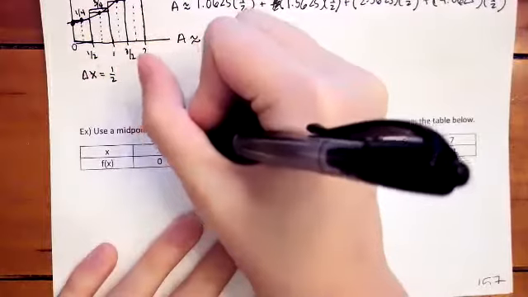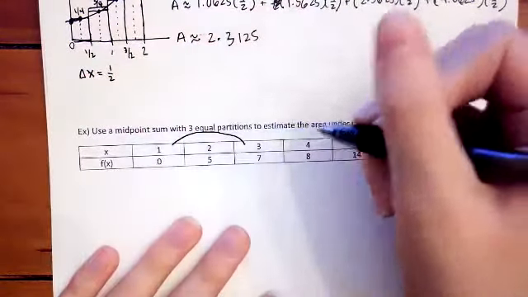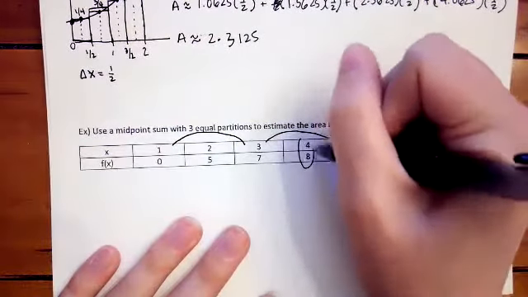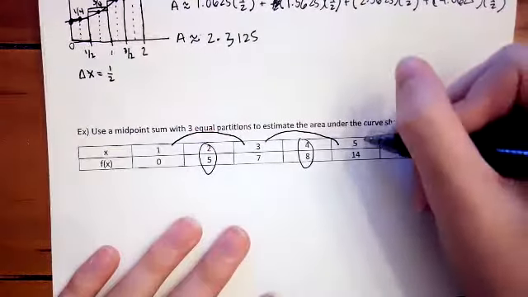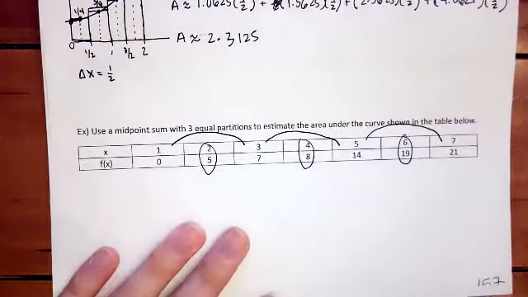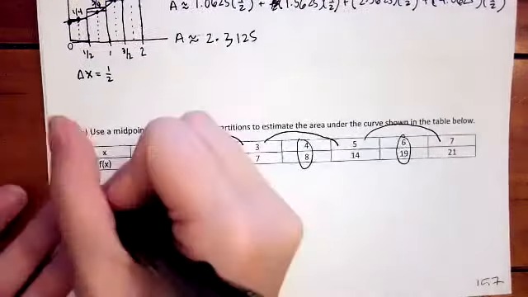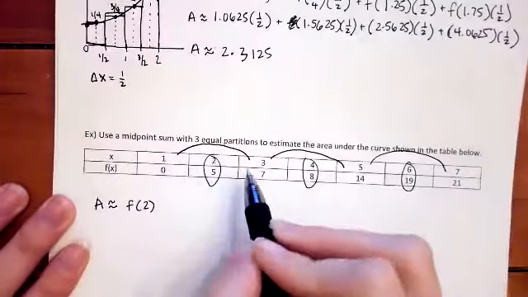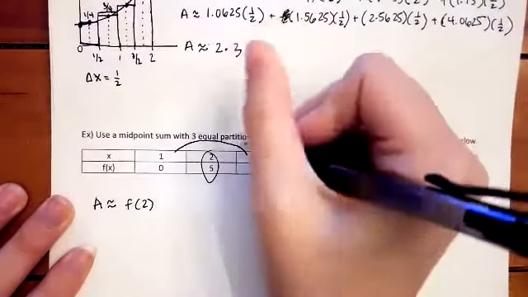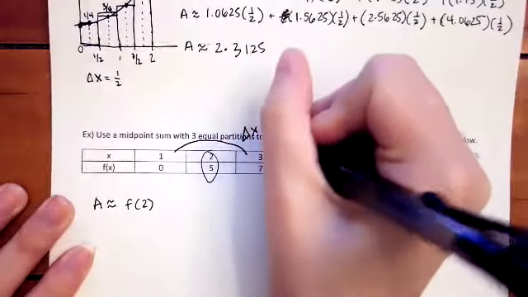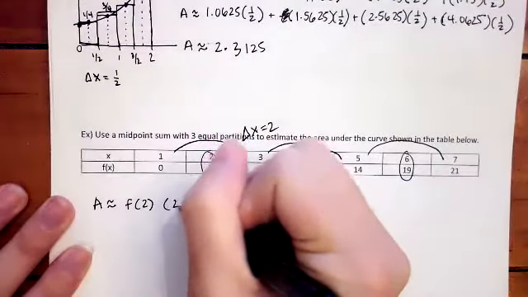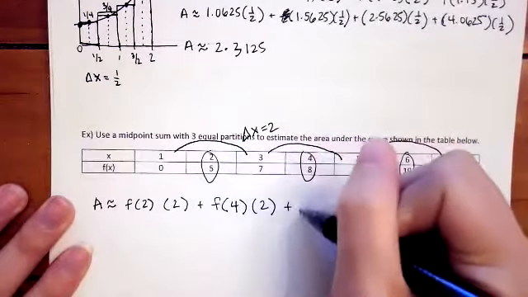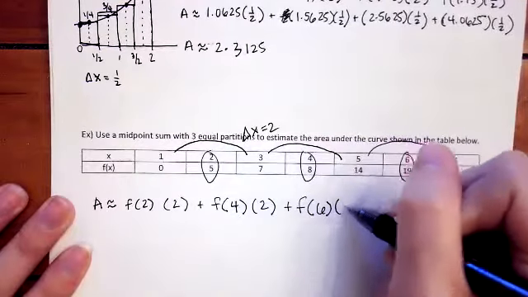So if I create one partition that goes from 1 to 3 with 2 as a midpoint, one from 3 to 5 with 4 as a midpoint, I'll circle my midpoints, and then from 5 to 7 with 6 as my midpoint. Okay, so my area, we're going to use f of 2. The partitions all have a delta x of 2. So that is what I'll multiply all my f of equations by.